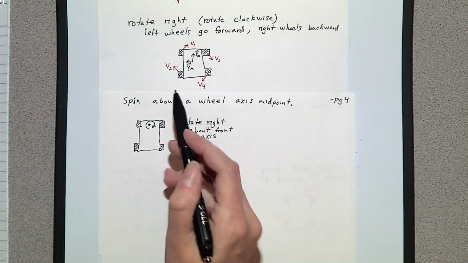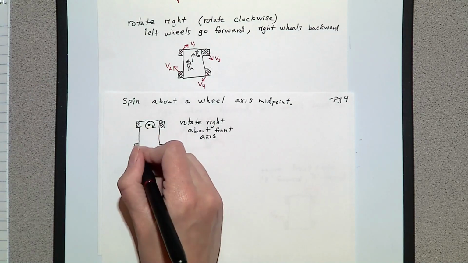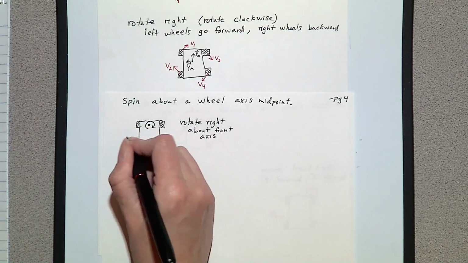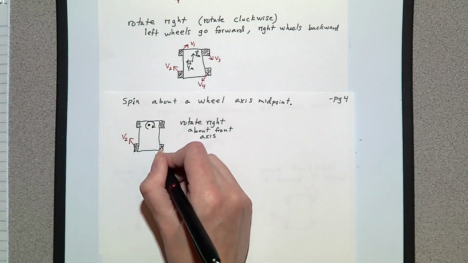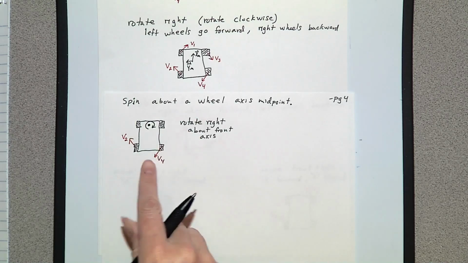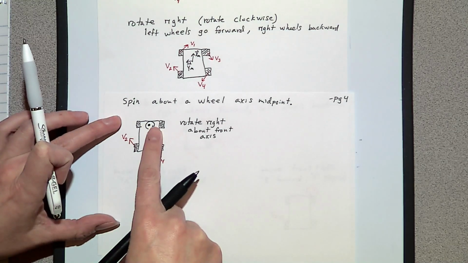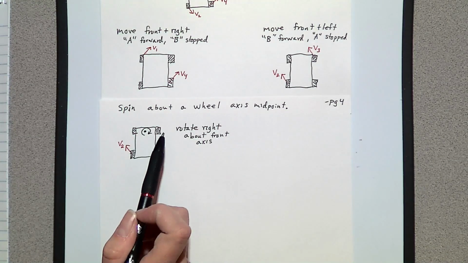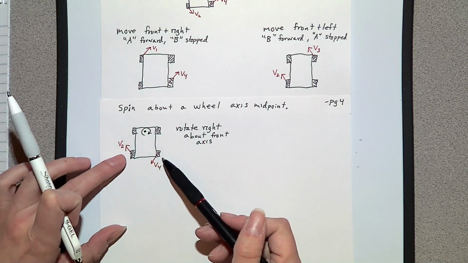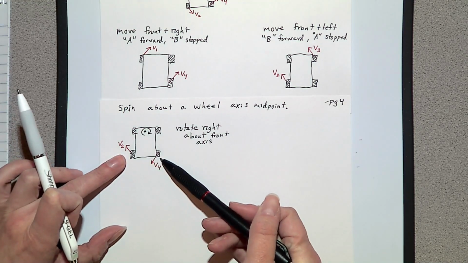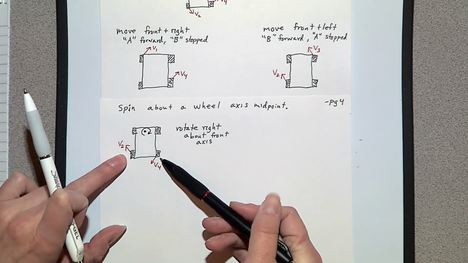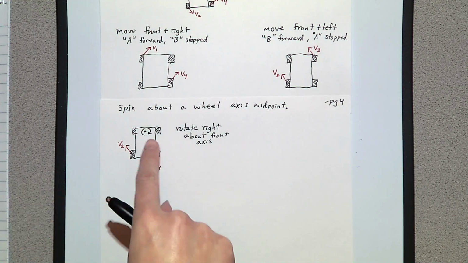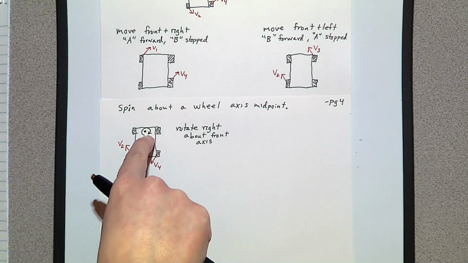And so what I do is I apply those velocities only to those wheels that are not on the axis of interest. And so I let the front wheels have no applied velocity. I take the velocity for the other two wheels from the four-wheel case, and what I'll actually get is a rotation about this point.